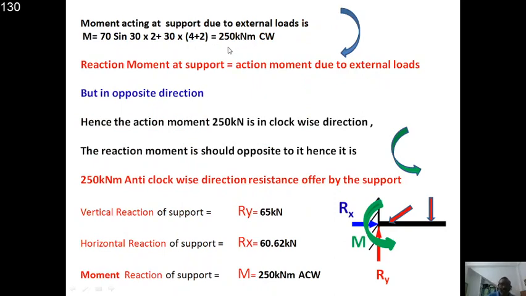By adding and multiplying in that equation, you get the moment equal to 250 kilonewton meter due to external loads. This is the moment produced at the support.